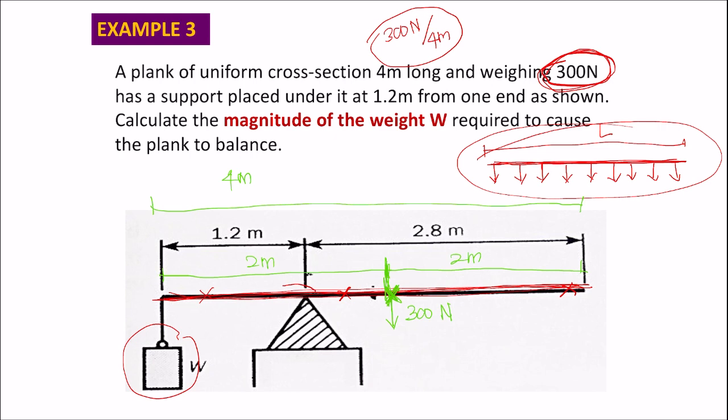Right, so 300 Newton nak ke fulcrum, the distance akan jadi berapa? 0.8 meter. Okay, sebab ini 2 meter dari kanan. Jadi ada 2.8 minus 2 meter dapat 0.8. That's why 300 newtons times 0.8. That is the clockwise moment, the only one.